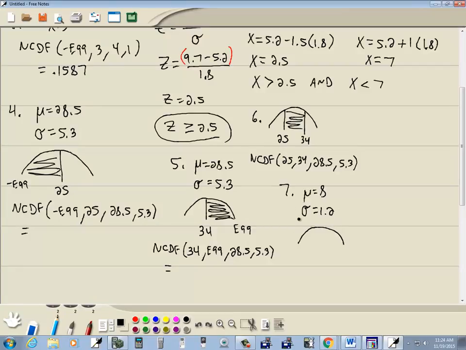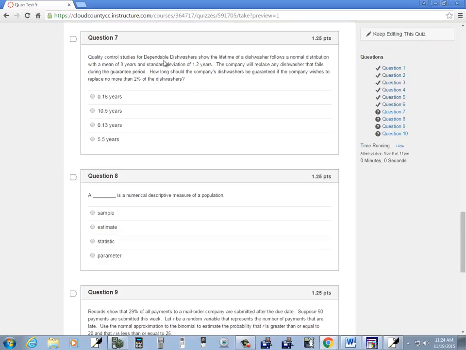Okay, now let me think about this. Follows a normal distribution with a mean of 8 and standard deviation of 1.2. How long should the company dishwashers be guaranteed if the company wishes to replace no more than 2% of the dishwashers?